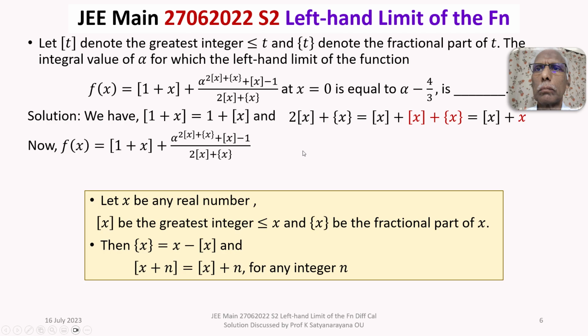So that will be equal to 1 + [x] for this, plus alpha to the power 2[x] + {x} written as [x] + x, and plus [x] minus 1 as it is. In the numerator, [x]. In the denominator, [x] + x.